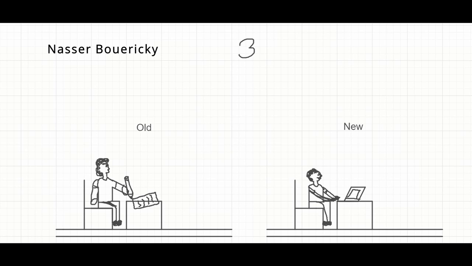Example 3 is tests or classwork or work in school. In the old generations, everything used to be on paper and pen, and they didn't have technology and weren't advanced in it. So they used to write everything in pen and pencil and submit it through school, so they give it to the teacher.